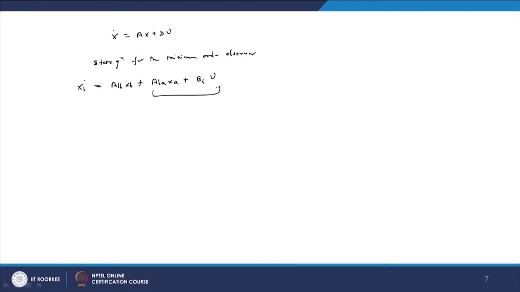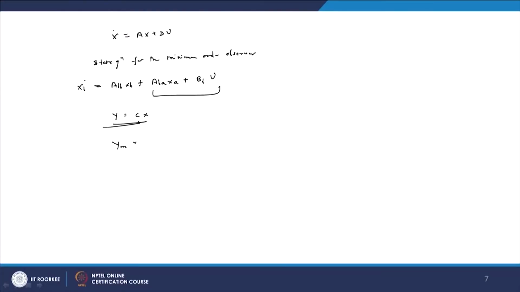Now, the output equation for the full order observer we can write down as y equal to Cx, but for the minimum order observer it can be written as ym equal to AAB into XB.